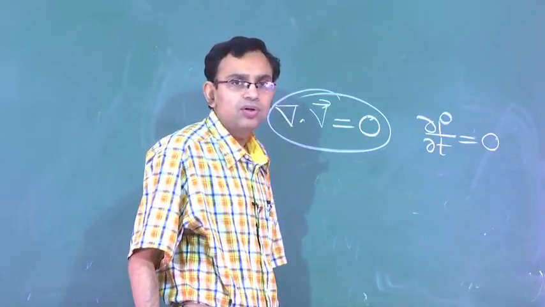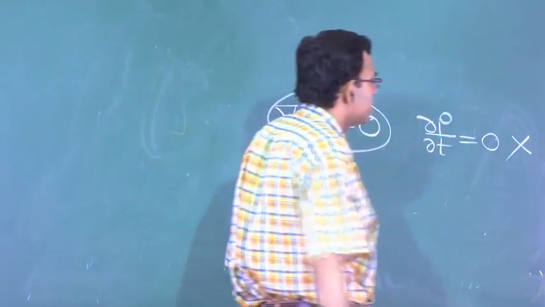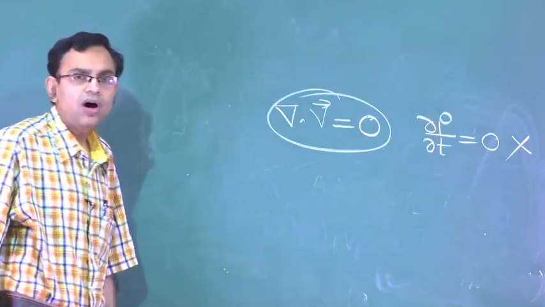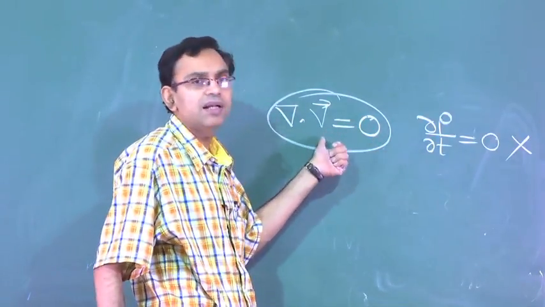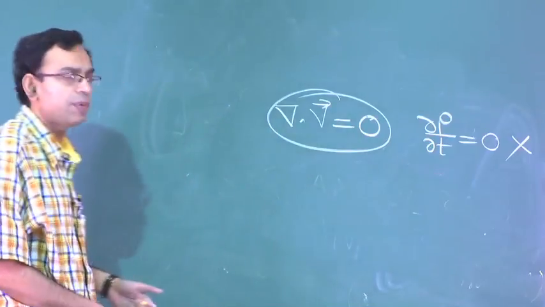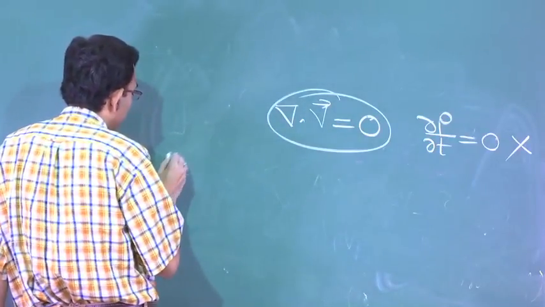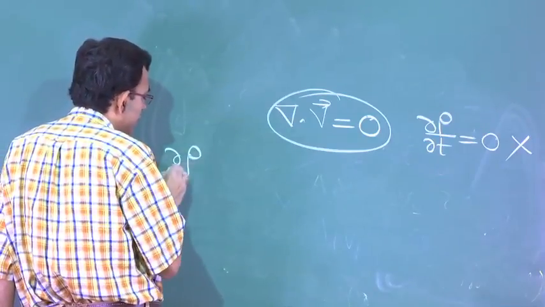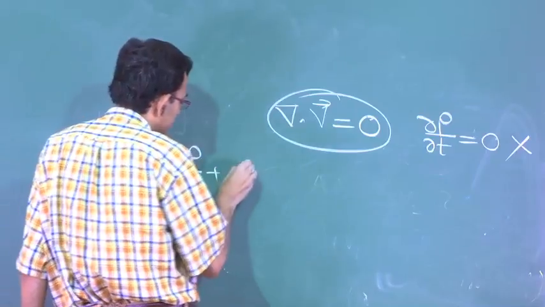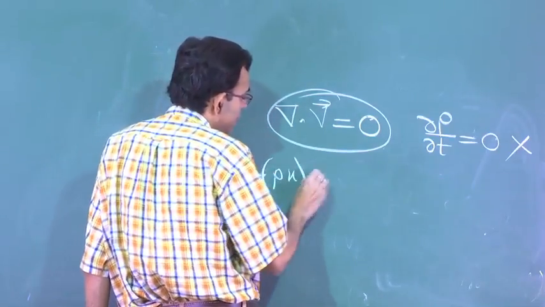I will show you that even if del rho del t is non-zero, or any other property or velocity varies with time, you can still arrive at this equation. So, how is it possible? You have the general continuity equation, let us write that in Cartesian system. I will write the Cartesian system because it will help you to assimilate the concept.